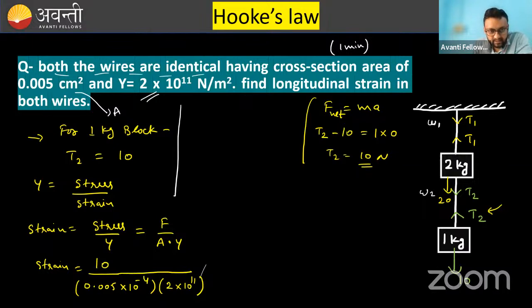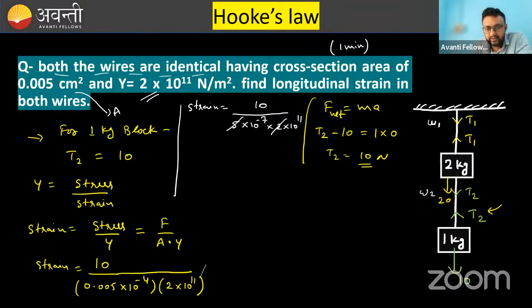If I say strain is 10 divided by, you can see 5 into 10 raised to power minus 4 is already there. 1, 2, 3. Minus 3 is also there. So 5 into 10 raised to the power minus 7, into 2 into 10 raised to the power 11.